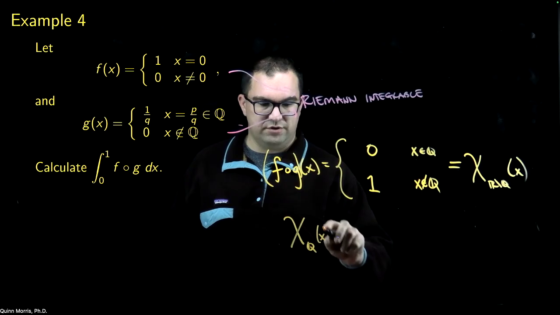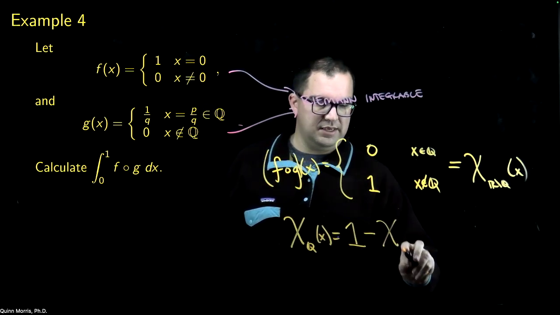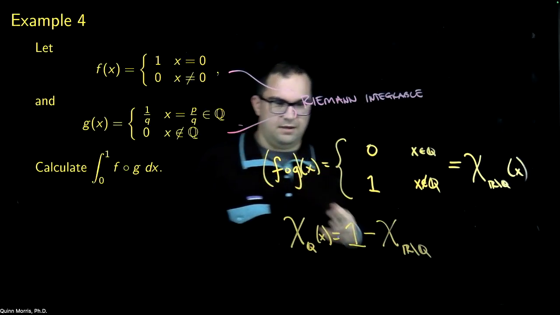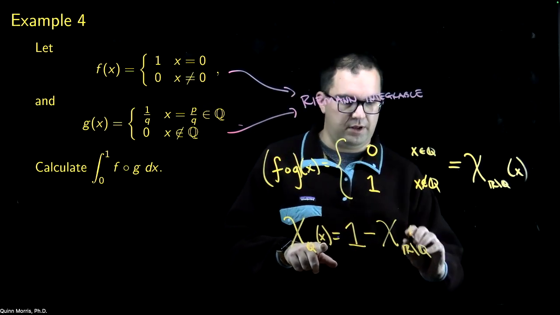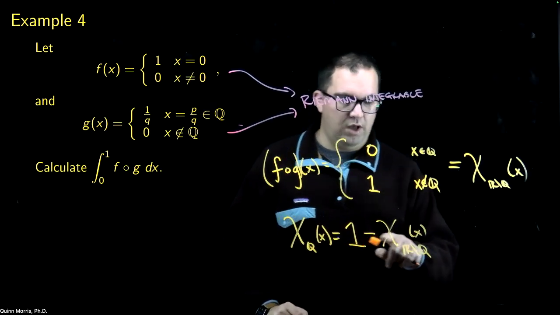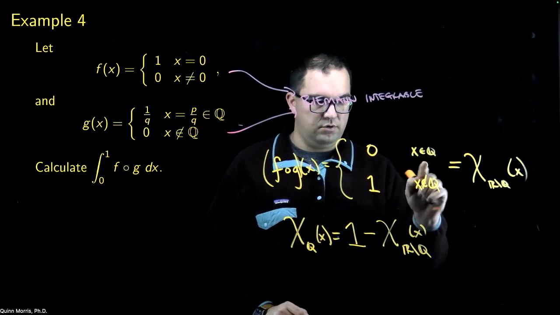The indicator function of the rationals can be written as 1 minus the indicator function of the irrationals. Think of it this way. If I plug in a rational number for my x, what would happen? I get 1 minus, if I plug in a rational number here, I get 0.